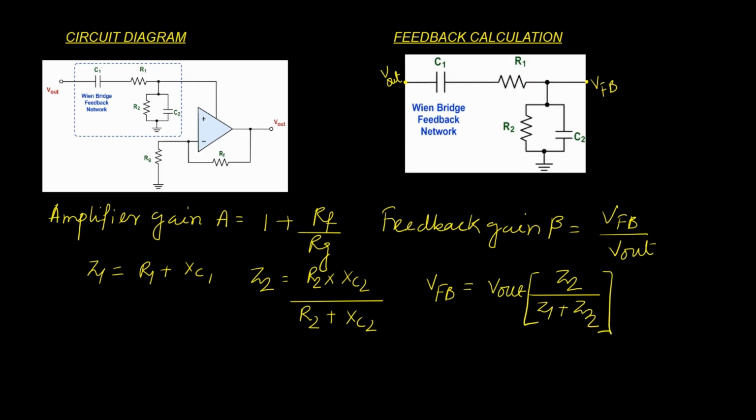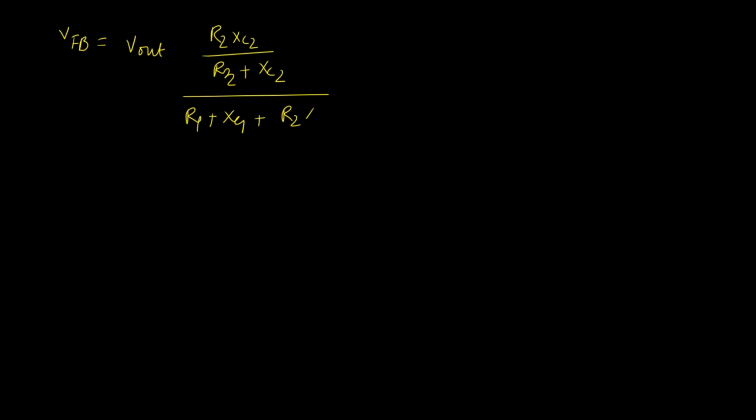So now we just put the Z1, Z2 values in the equation, and we can write VFB is equal to V out into R2 XC2 by R2 plus XC2, divided by R1 plus XC1 plus R2 XC2 by R2 plus XC2.